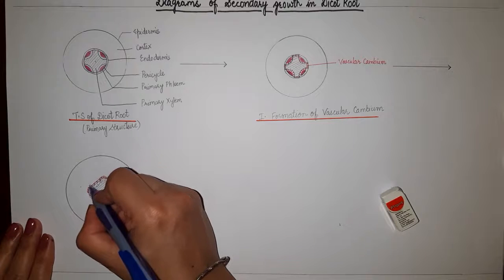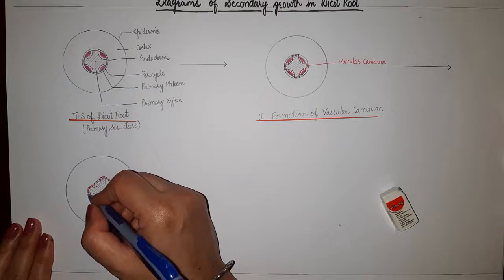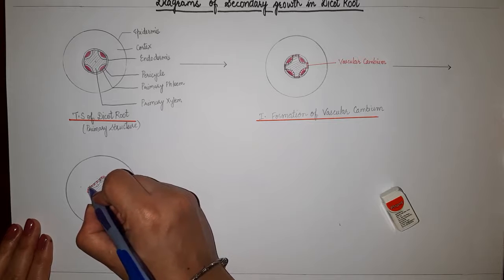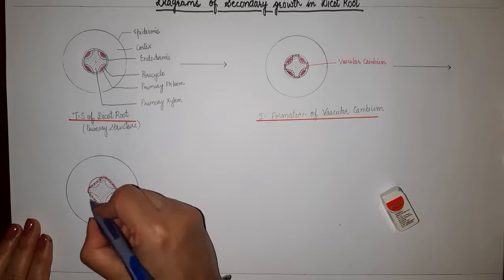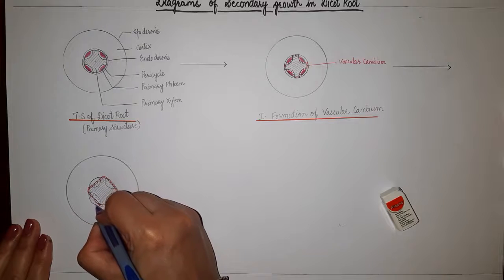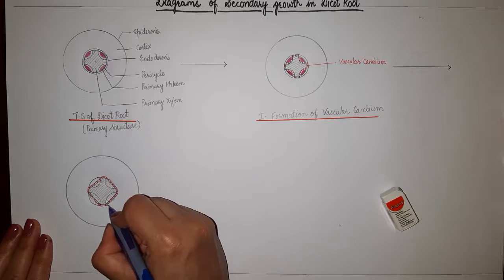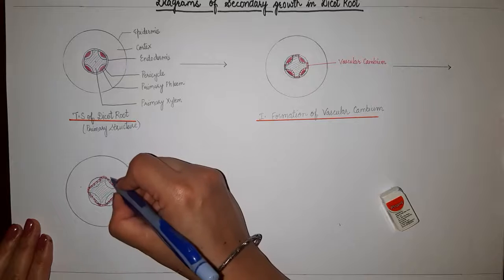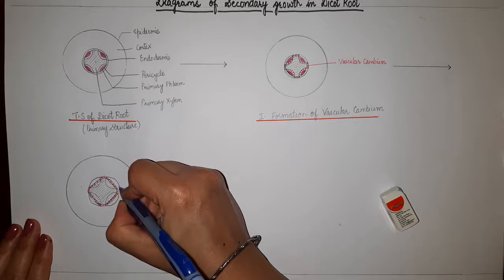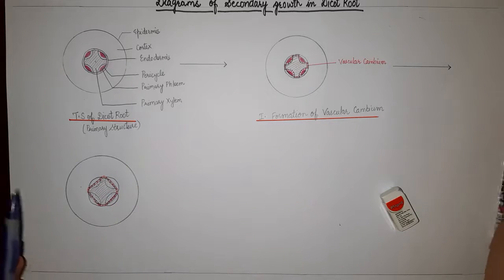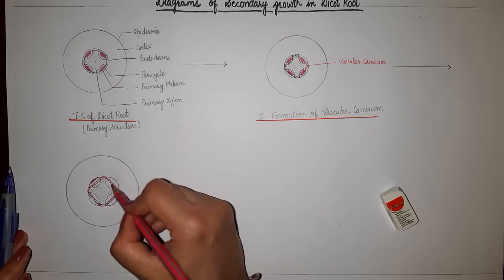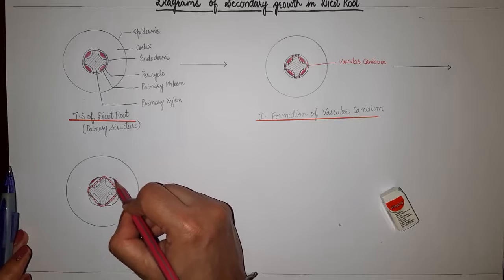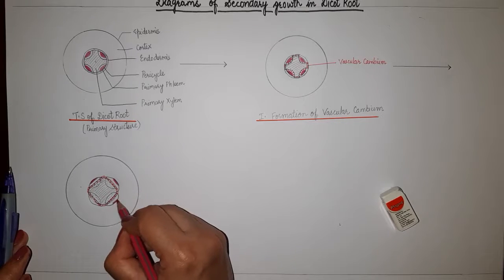And towards the outer side, you will show the patches of primary phloem; it starts getting crushed. Just a little amount of primary phloem.